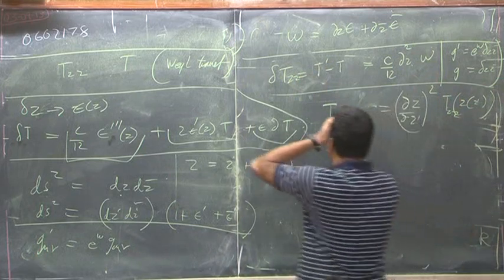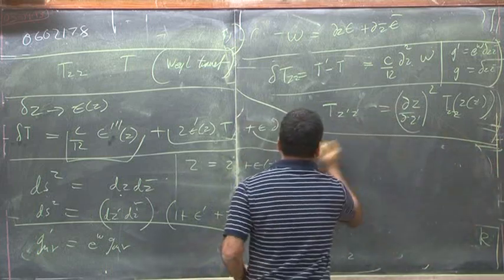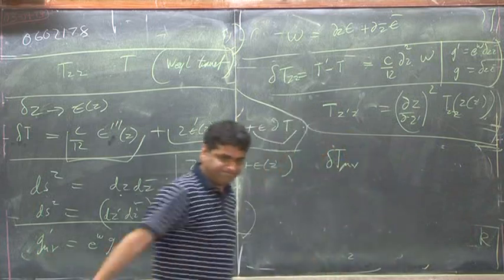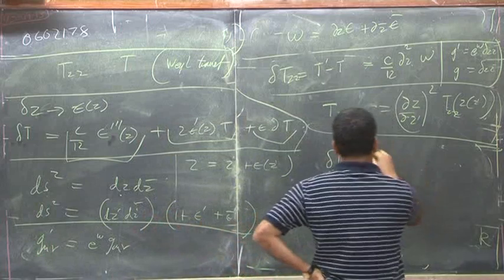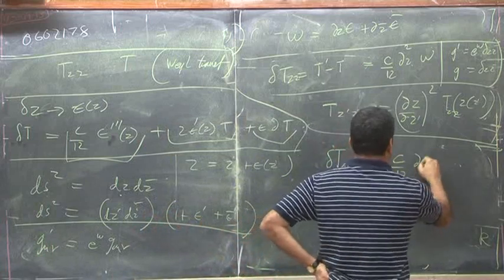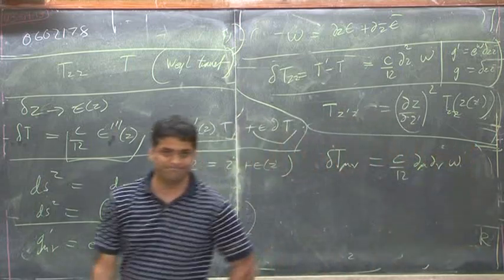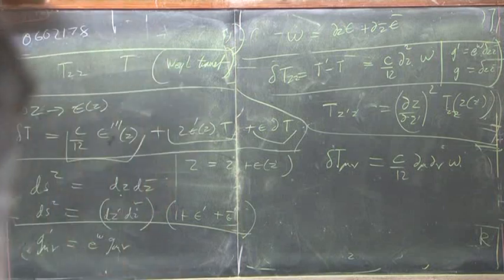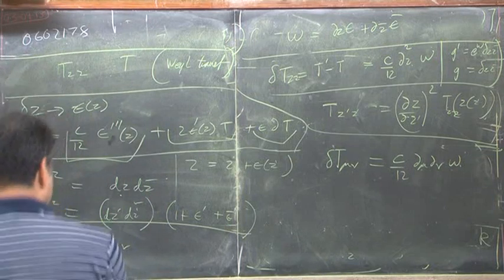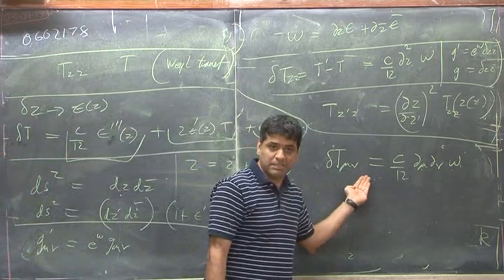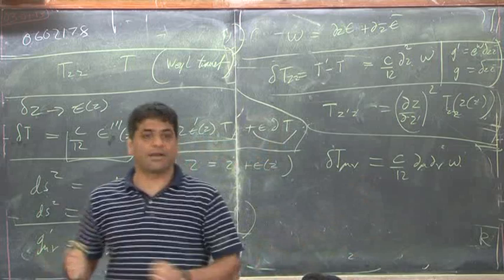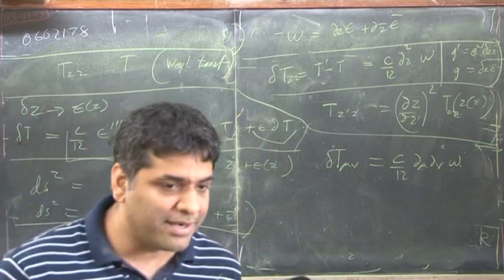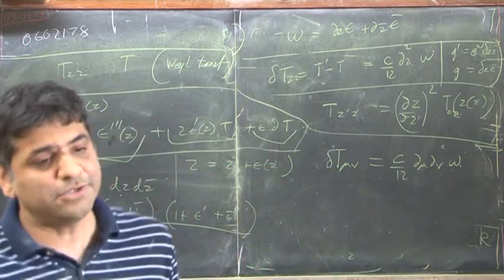So the transformation of T under an arbitrary Weyl transformation in general must be the formula delta of T mu nu is equal to c by 12 del mu del nu of W. But this formula immediately tells us that it is impossible for T Z bar in general to be 0.